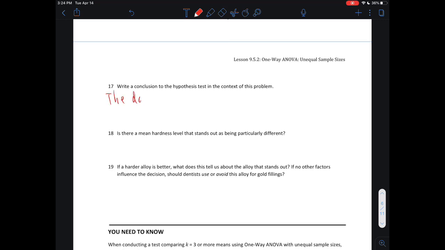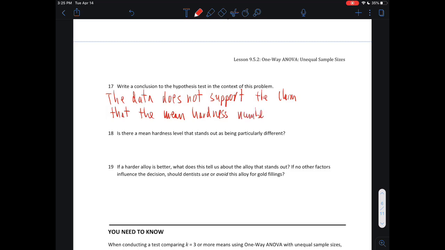The data does not support the claim, since that's what they said the claim was, the claim that the mean hardness number is the same for the 3 alloys.